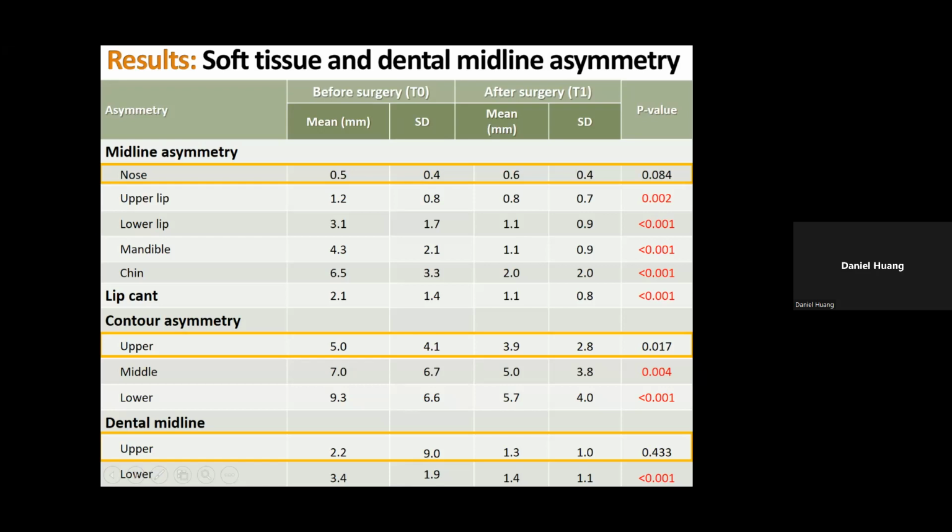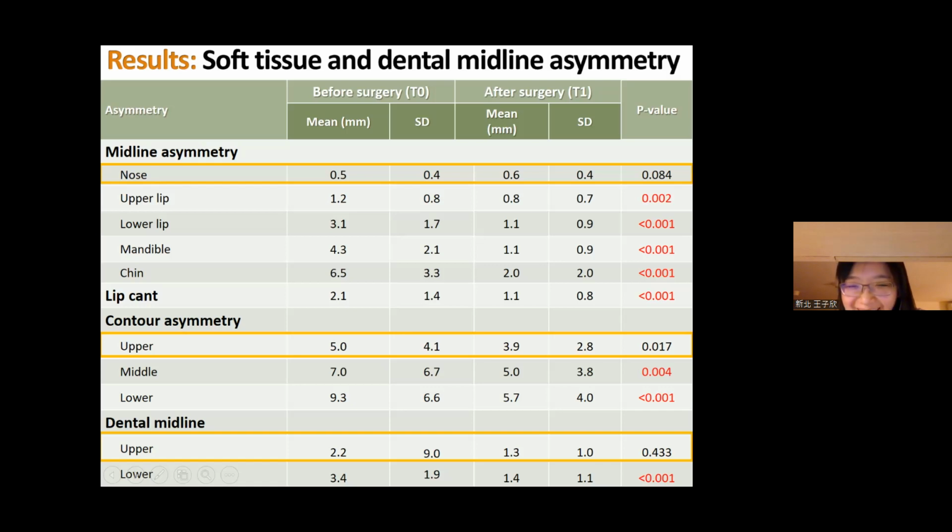Thank you. For the contour of the soft tissue, that's another problem too. It usually still remains large even after the surgery. Any comment on that? For the contour asymmetry, we can see it still remains more than 2 millimeters, still quite obvious after the surgery.